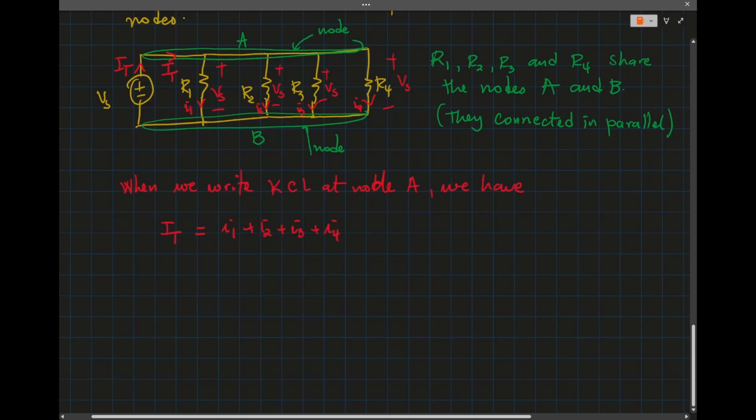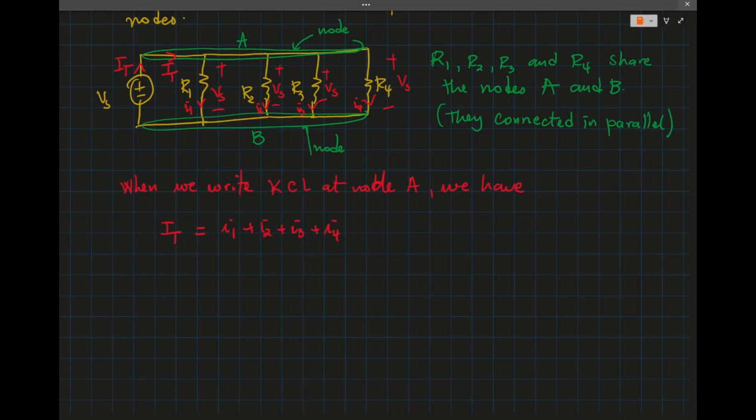Okay, so Ohm's law tells us that Vs, which is the voltage across R1, right? So if I write VR1, which is equal to Vs, equal to R1 I1.